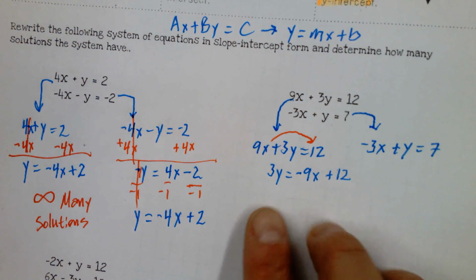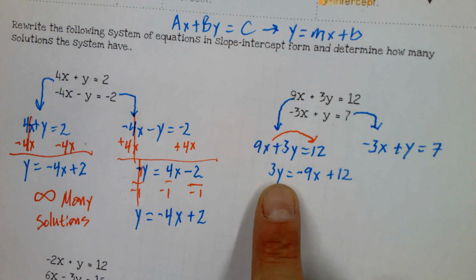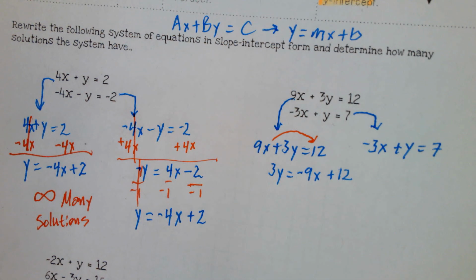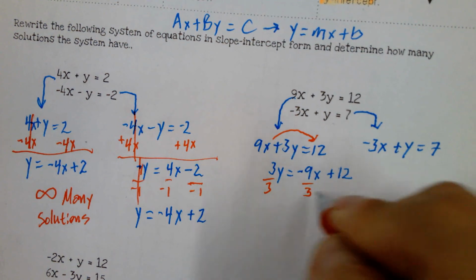All right. We still have a little more work to do on this one. I want to get rid of just the 3. I don't want 3y. I just want y. So what would I do mathematically to remove it? It's being multiplied. So what removes it if it's being multiplied? What's the opposite? Divide. Let's divide everything by 3.